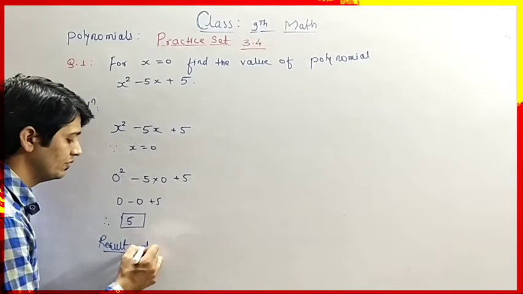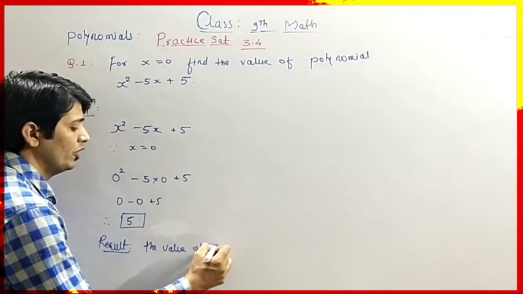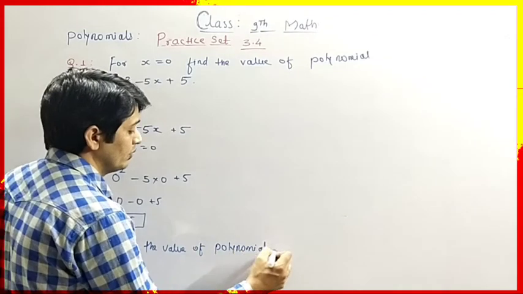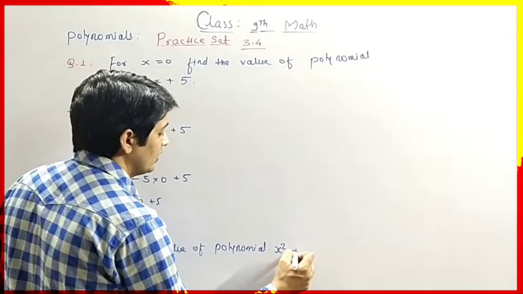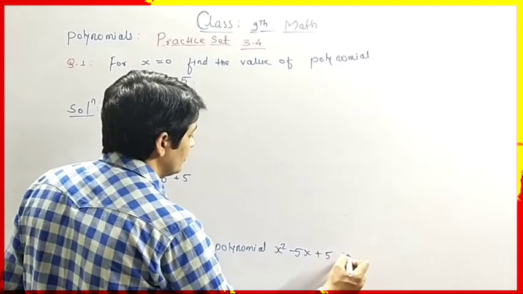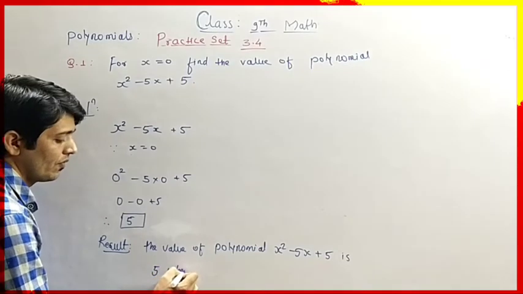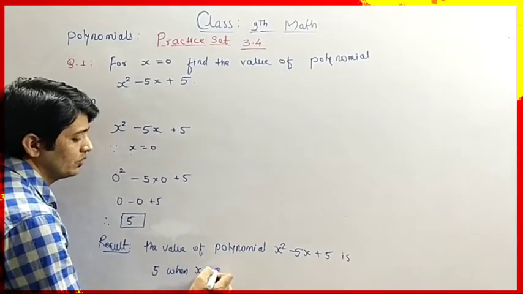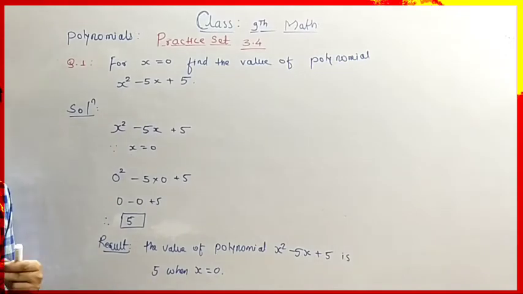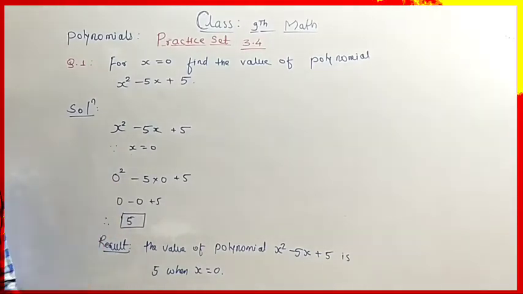The value of polynomial x square minus 5x plus 5 is 5 when x equals 0. This is the way we have to calculate the value of a given polynomial. Write it down now.